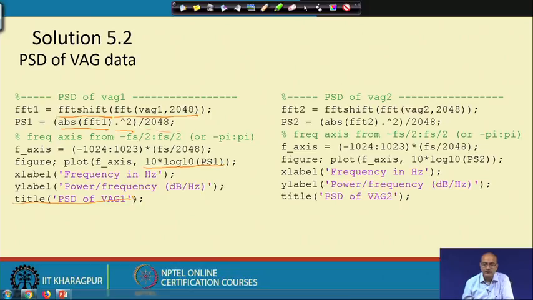So, this is the way we could get it for signal 1, that VAG1. Now, we repeat the same procedure for VAG2, our second signal, okay? And we can get the spectra in the same way. So, let us see what PSD we get.